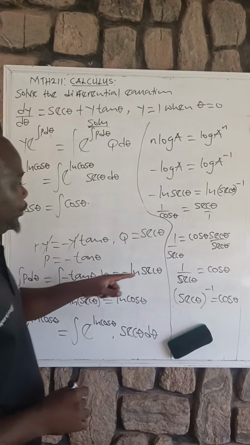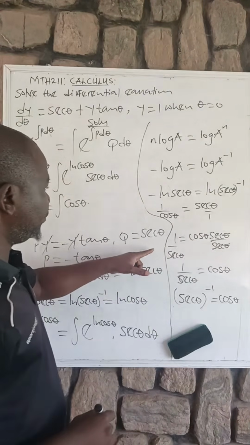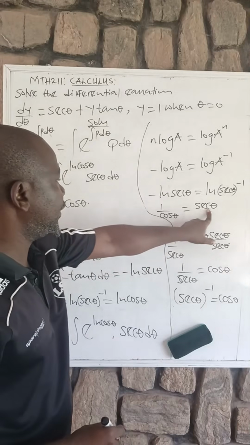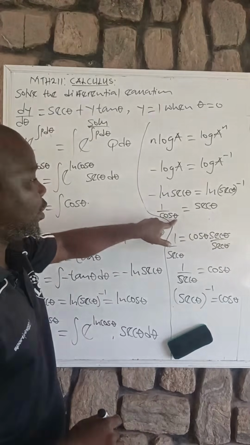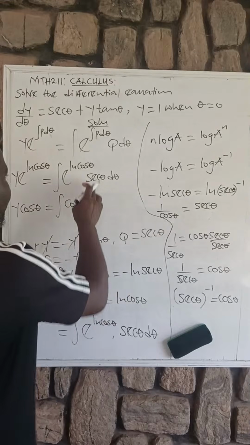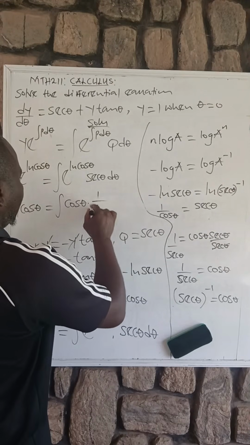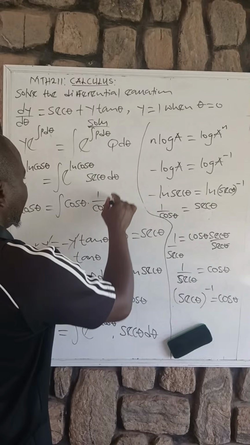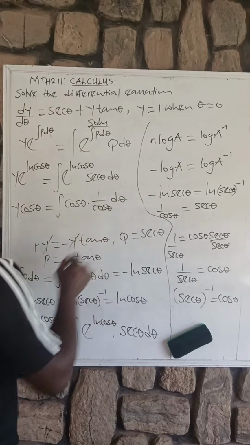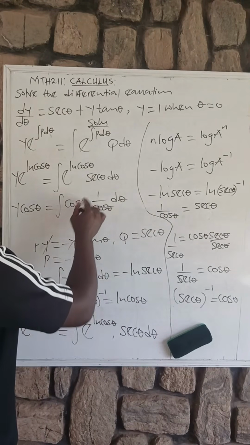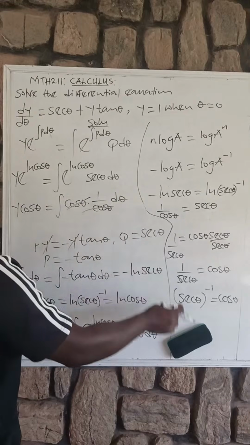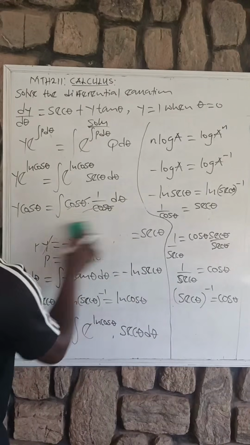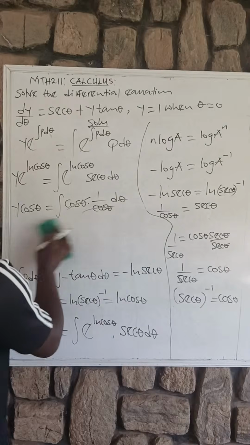sec theta is the same thing as 1 all over what? Cos theta. So instead of sec theta, we write 1 all over cos theta d theta. Amen? So this and this will cancel. Remember 1 d theta.